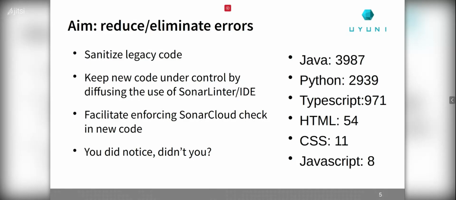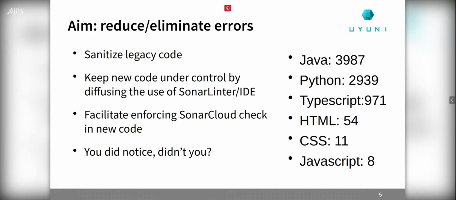Of course, eliminating or at least strongly reducing errors can also facilitate something that we already thought about, which is the enforcement of the SonarCloud check before merging new code. At the moment, there is a limitation to the chunks of legacy code that already have Sonar issues, so it's not being enforced, but we are planning to do it in the future.